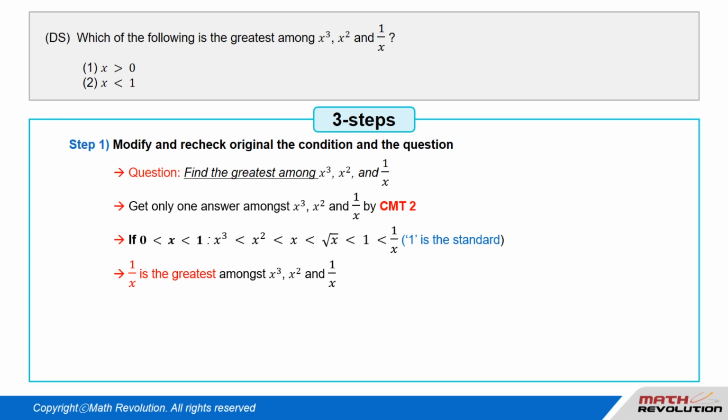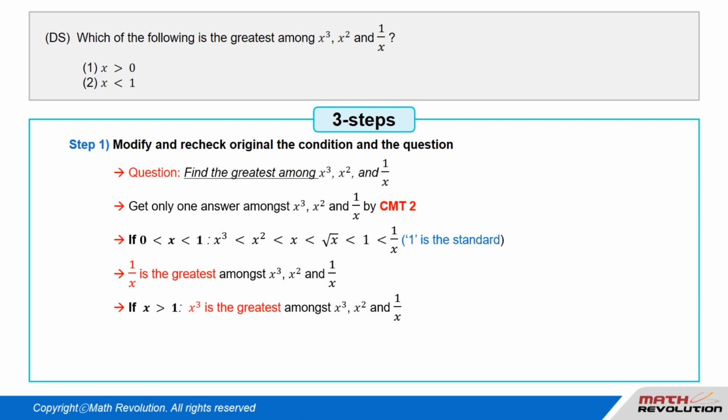By the standard theory, when 0 is smaller than x, which is smaller than 1, then x cubed is smaller than x squared, which is smaller than x, which is smaller than square root of x, which is smaller than 1, which is smaller than 1 over x. We know that 1 over x is the greatest amongst x cubed, x squared, and 1 over x. However, when x is greater than 1, x cubed is the greatest.